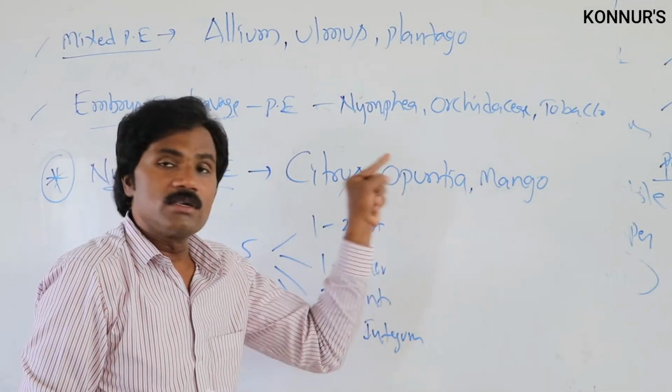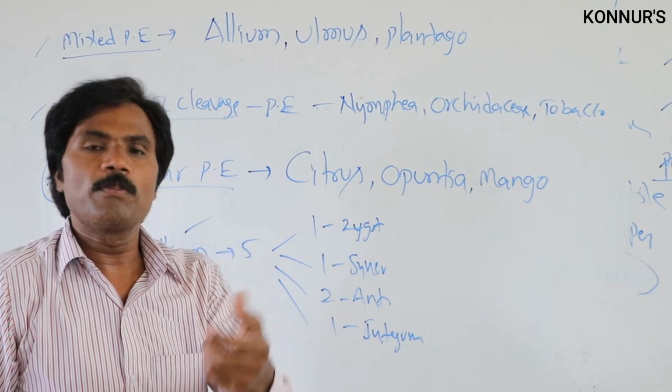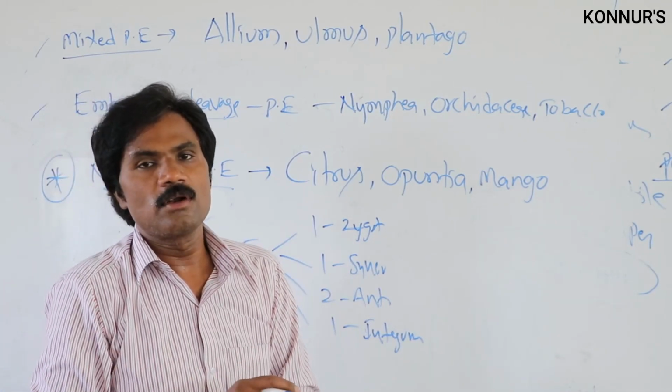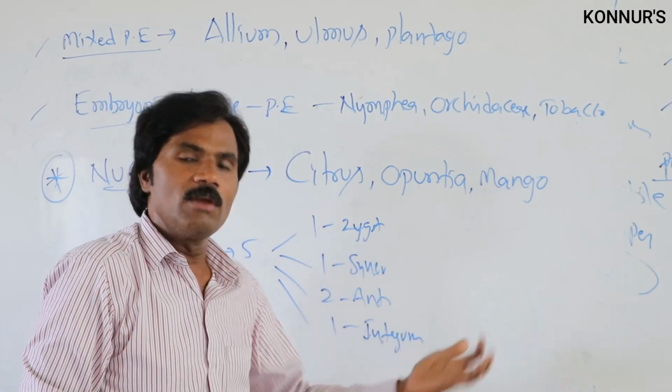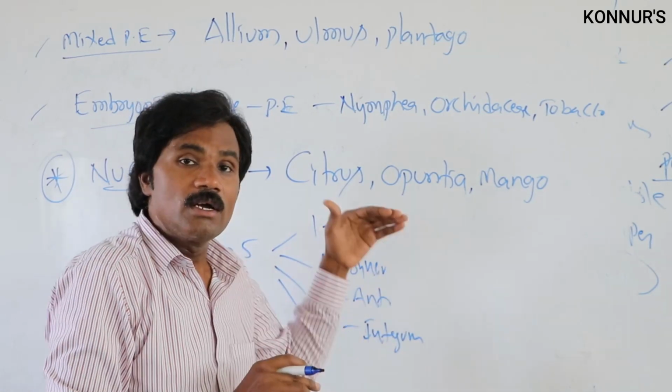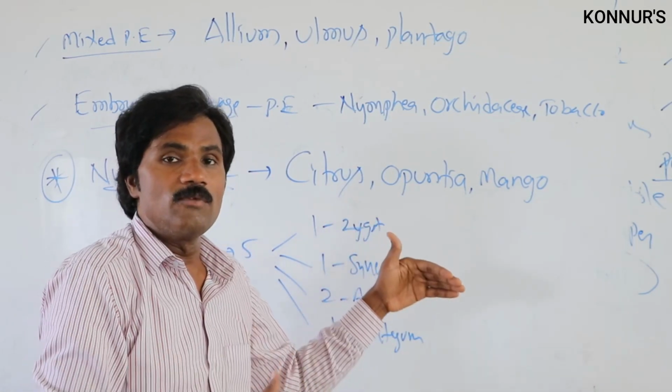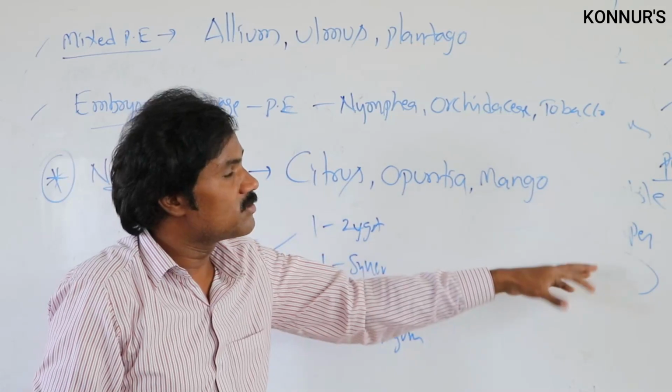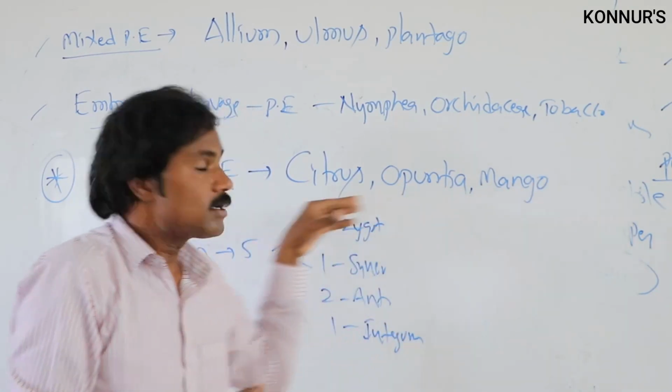In citrus, 2 to 4 polyembryos will be present, and in Allium 5. That depends upon the type of cleavage, whether false or true.